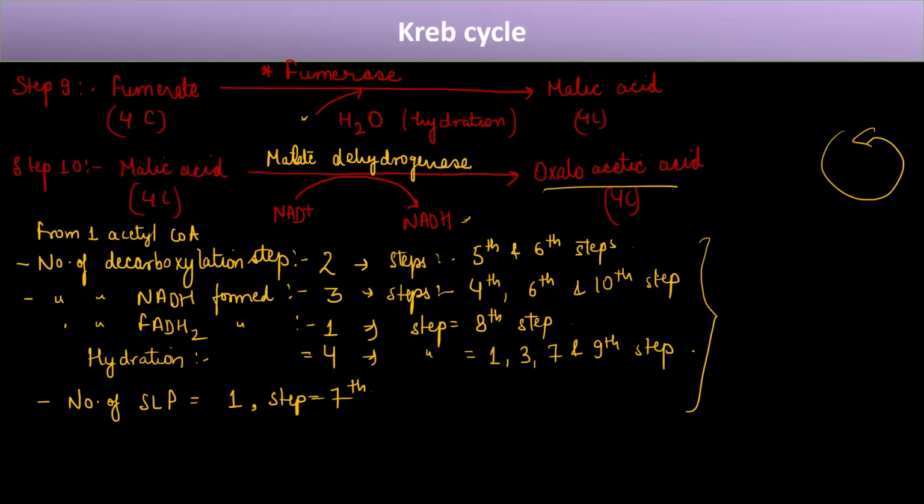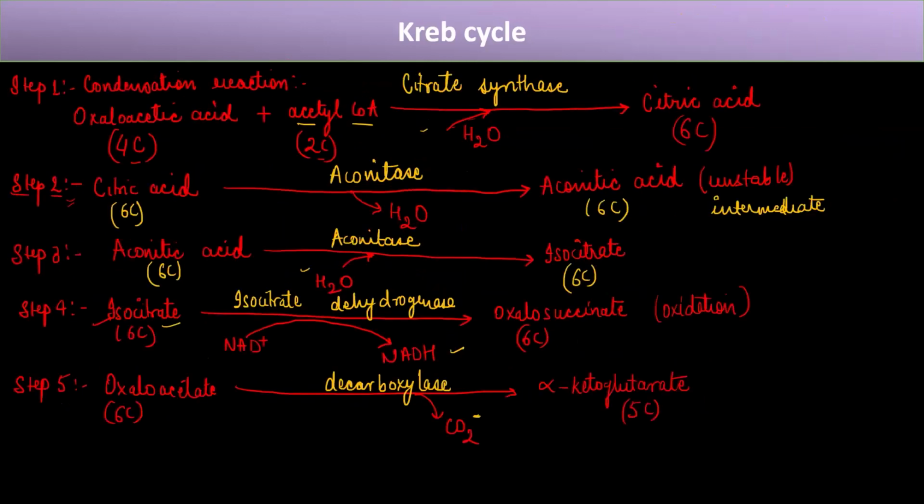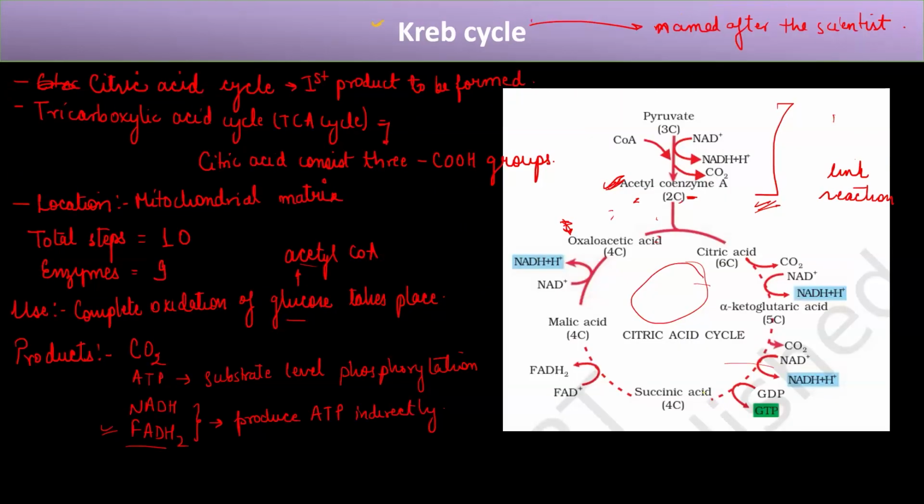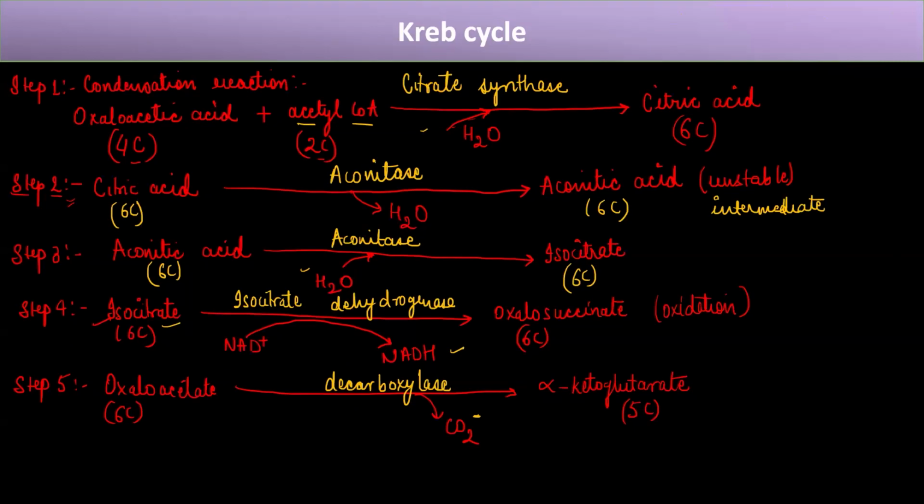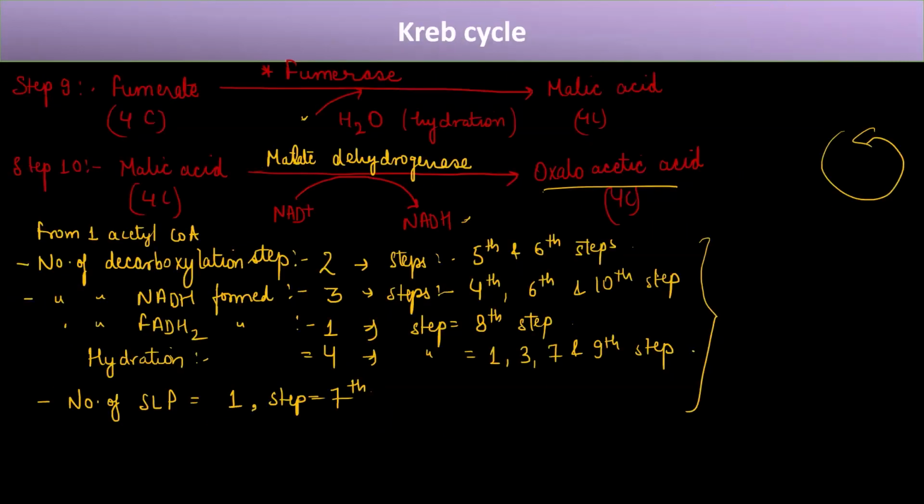And you should also practice this cycle. The complete information is not given here, but you can see the intermediates where carbon dioxide is formed and how it is released. Okay, so what I told you is from one acetyl CoA, right?